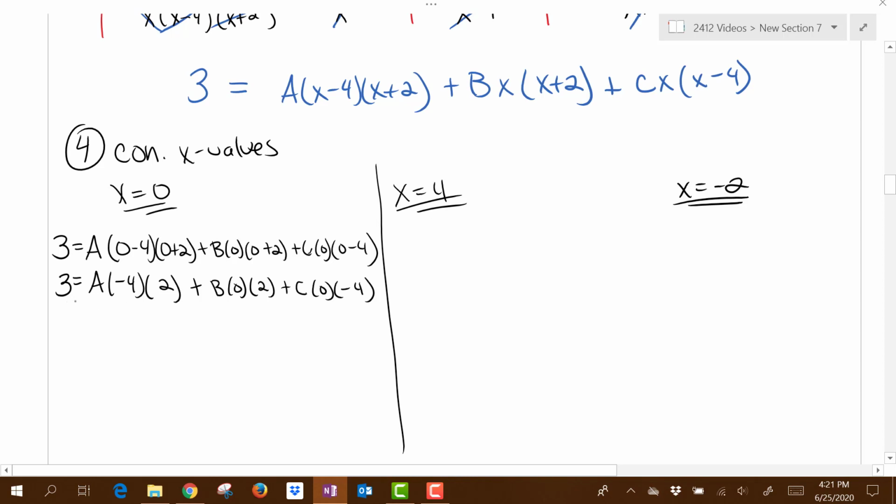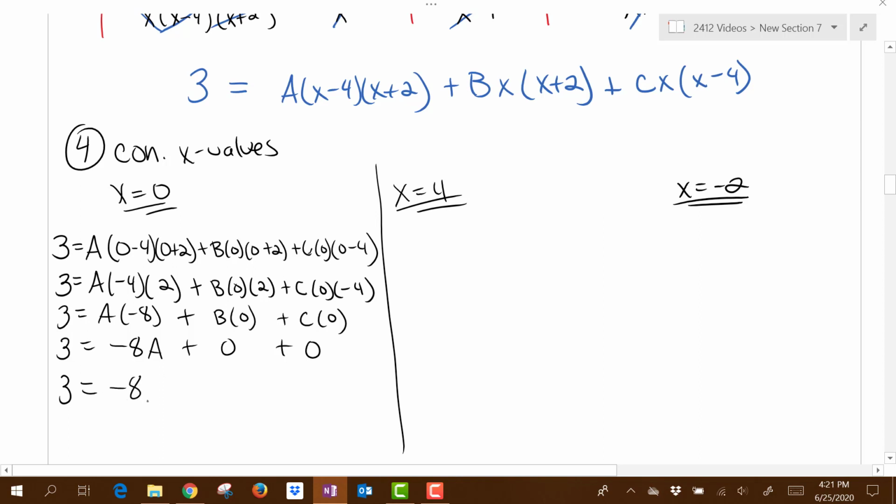Negative 4 times 2 is negative 8. 0 times 2 is 0. 0 times negative 4 is 0. So I get negative 8 times a plus 0 plus 0. I can drop those zeros and I get negative 8a.